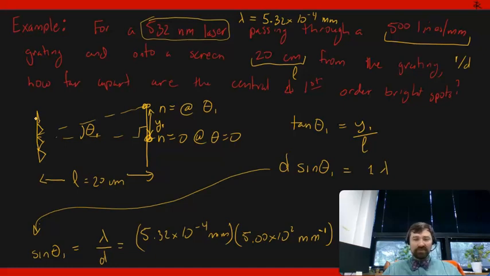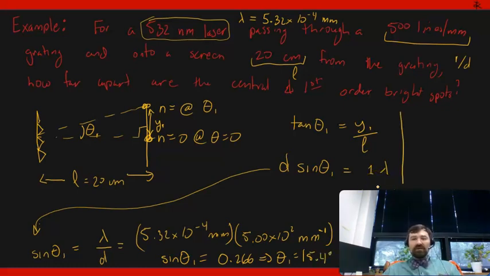So if I multiply those two together, then I've got sine theta. And now I take the arc sine of that to get theta 1. So this is basically saying sine theta 1 is 0.266, and therefore theta 1 is equal to about 15.4 degrees.